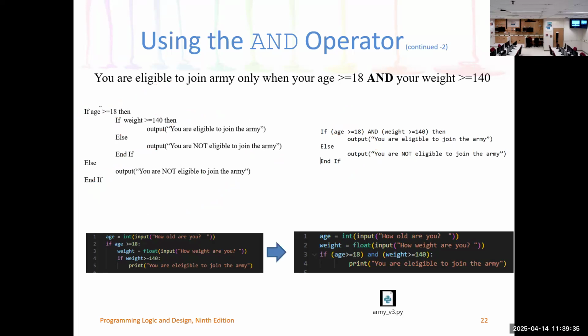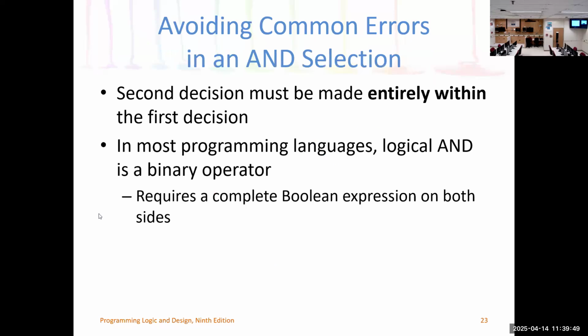So when you work with this in Python, it's exactly the same as this one. But when you put the AND here, you nest them together. Now, in order to work with the AND selection here, the second decision must be made entirely within the first decision.